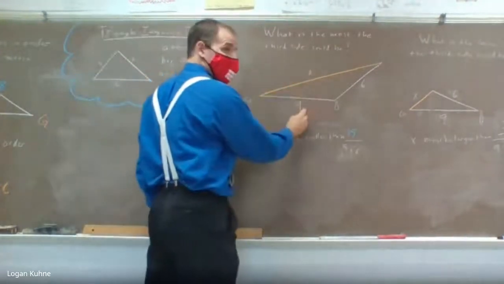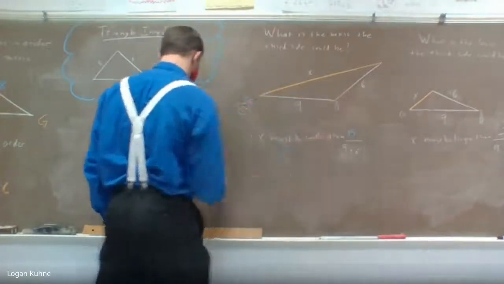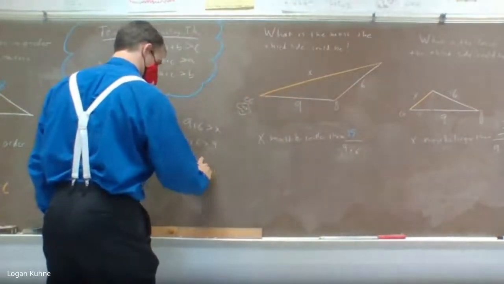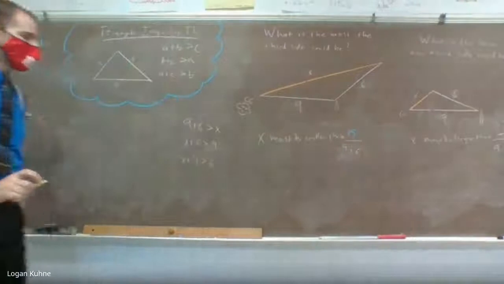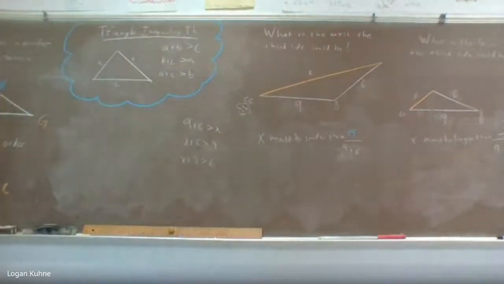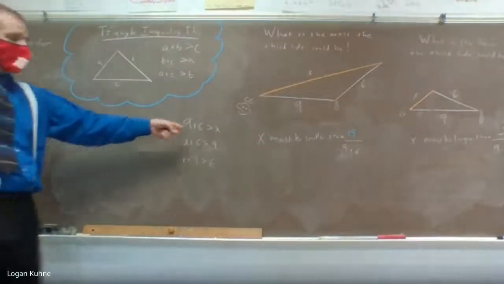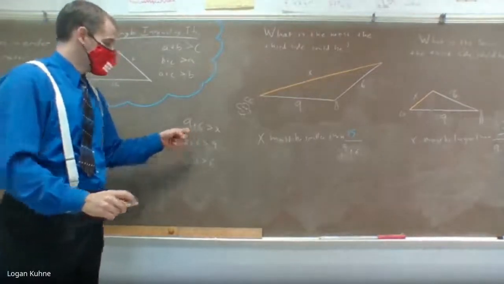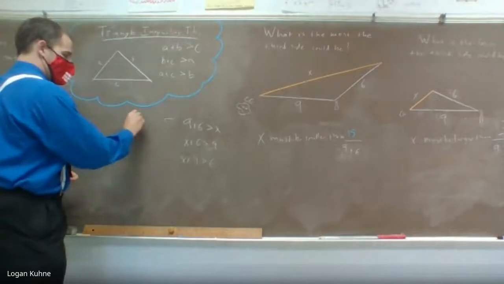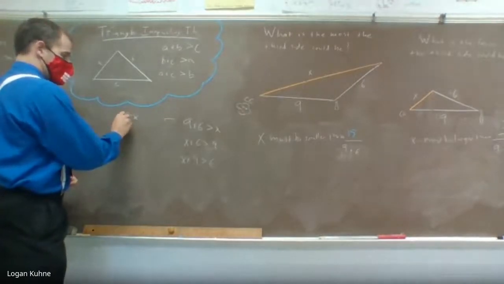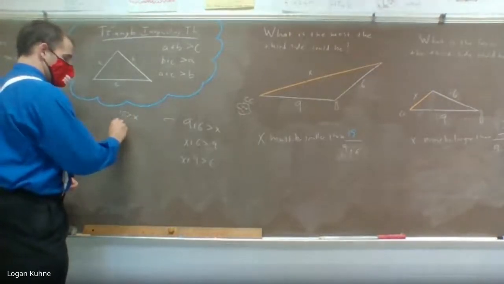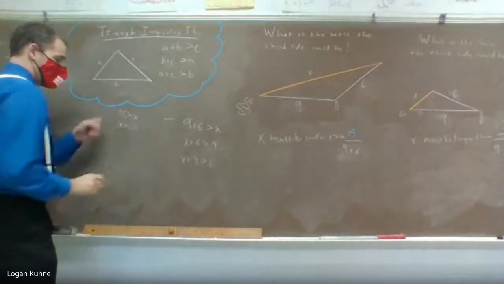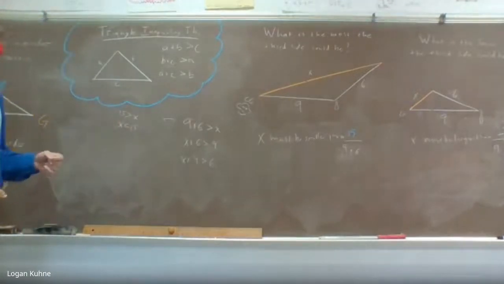X plus 9 has to be bigger than 6. Okay, and then let's solve them. This is really saying X is less than 15, or I could say 15 is greater than X, or X is less than 15, same thing.